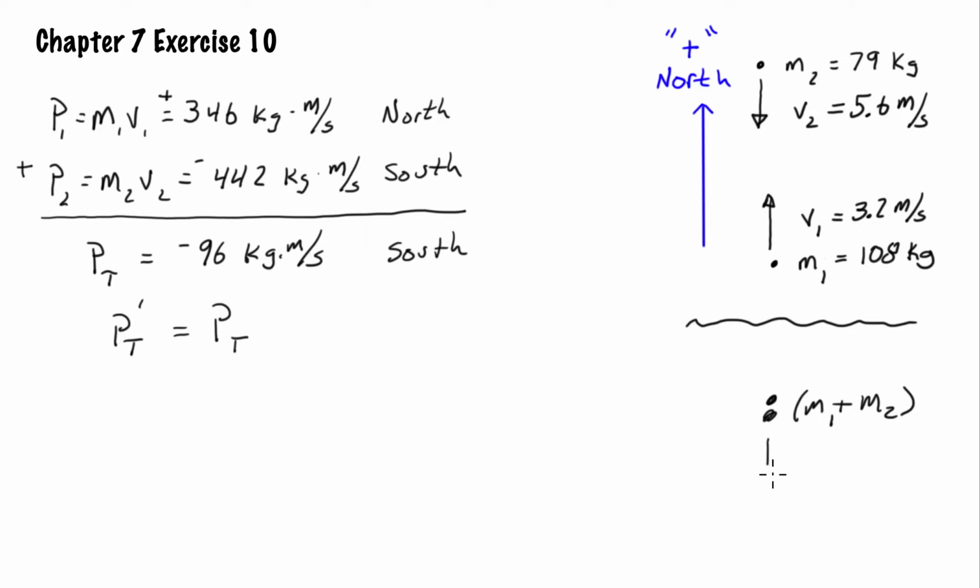So their final velocity, their final speed, I should say, has got to be directed to the south, but we don't really know how fast. Except to say that the final momentum is the product of the combined masses times the velocity. So to get to the answer of the problem, we would simply say that the total momentum afterwards has to equal minus 96.